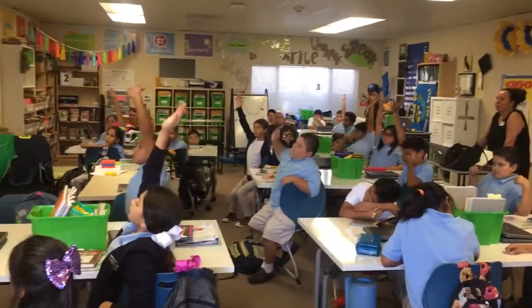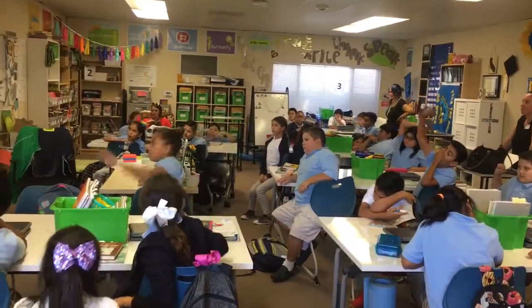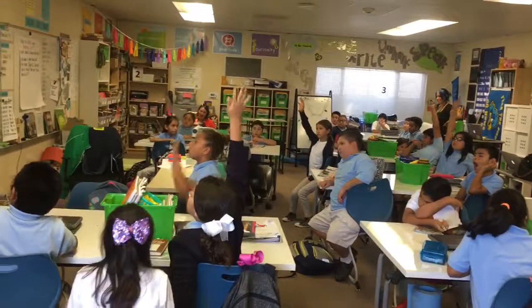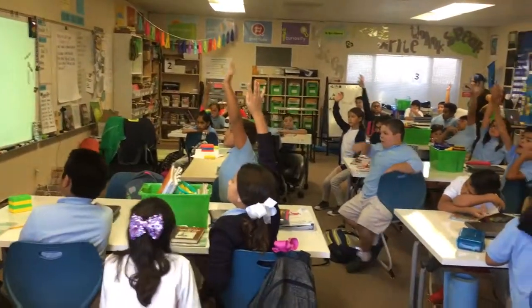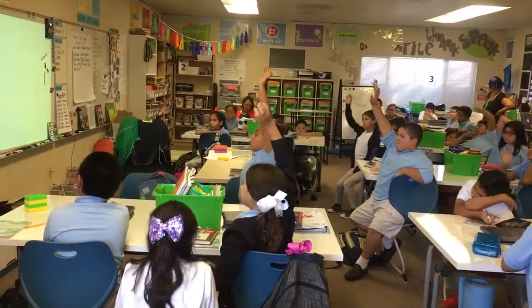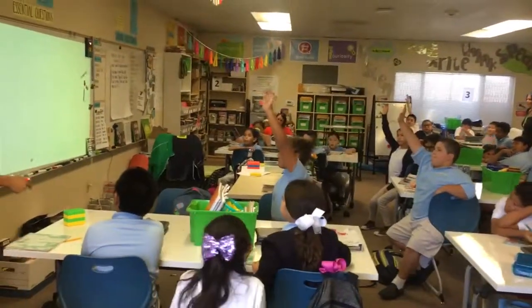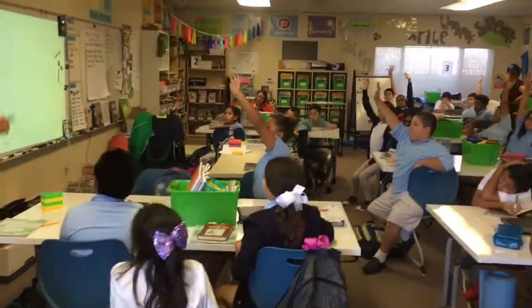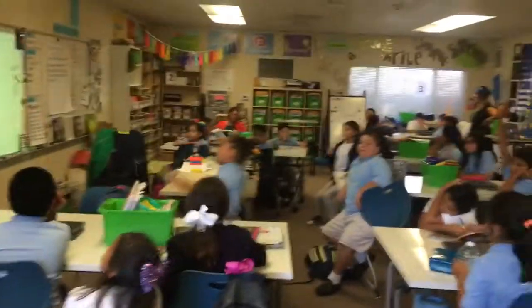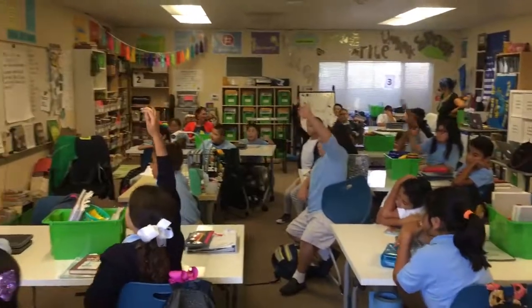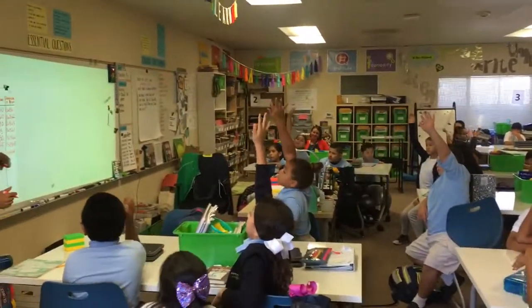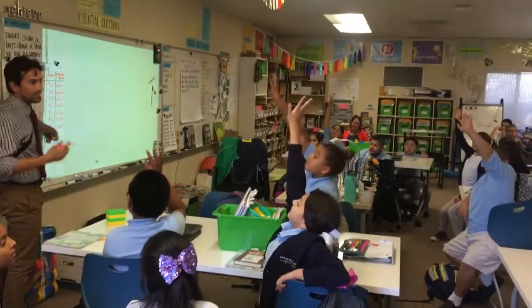Jonathan. 15. If I keep doing the same thing, what are the layers? 5. What's the volume going to be? Let's see, Joshua. 75. Look at all these hands. You're noticing patterns. You're mathematicians.